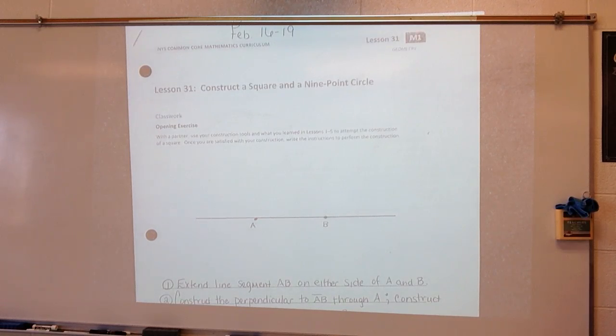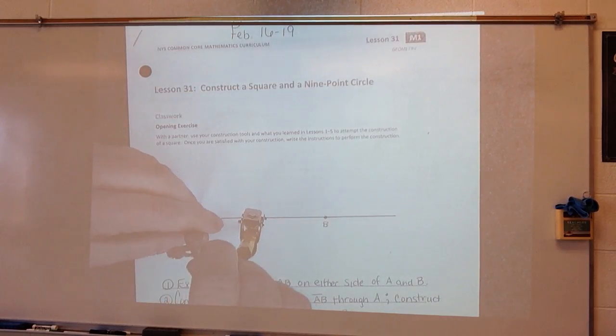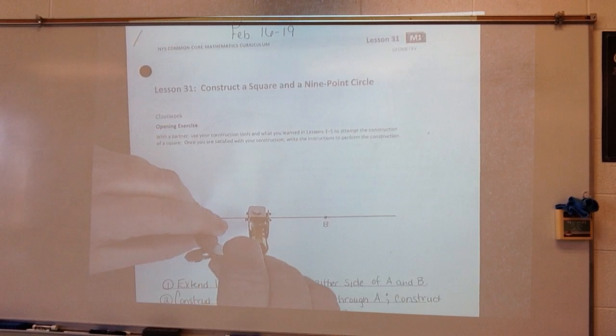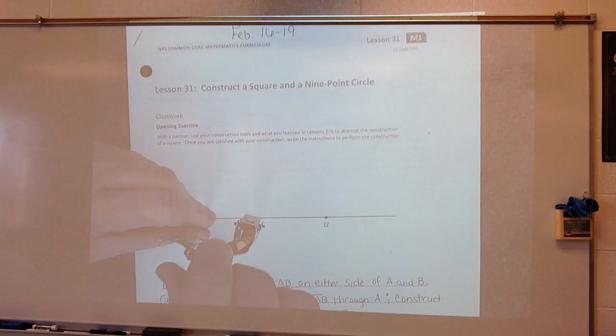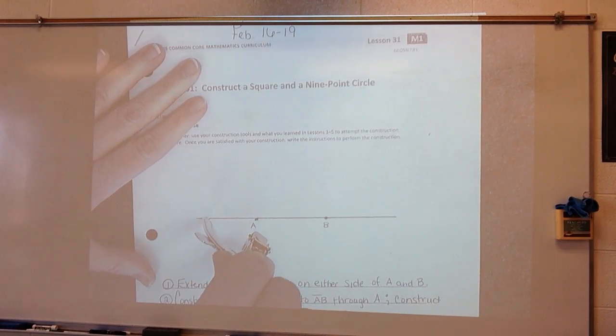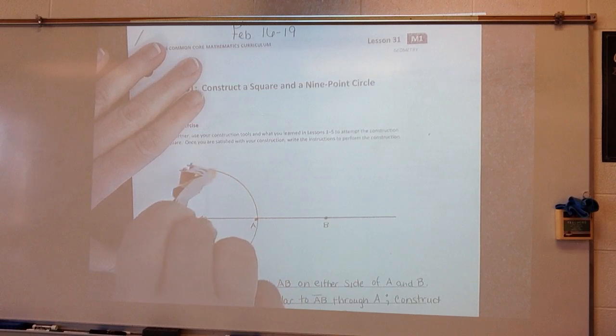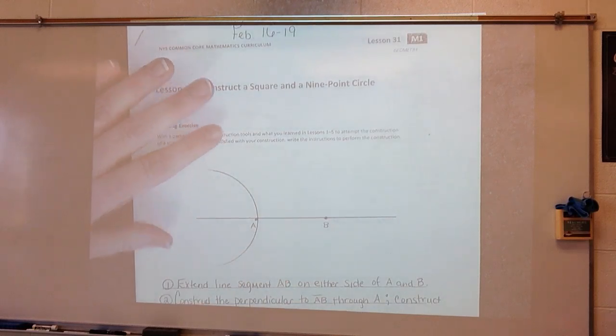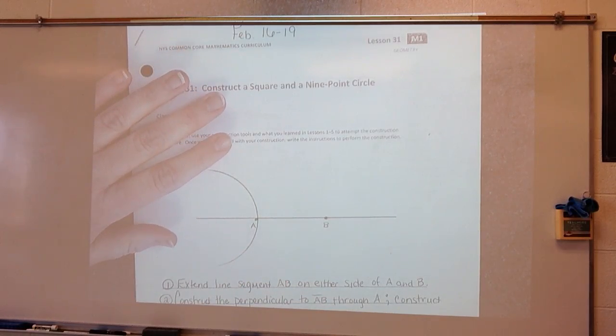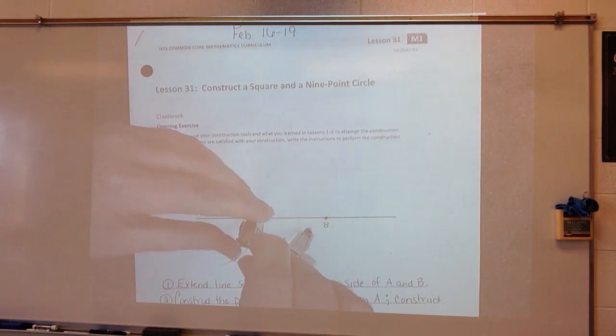Alright, so I want to construct a perpendicular line that goes through point A. Alright, so what I'm going to do is I'm going to come over here and I'm going to put my point someplace over here, and I want my arc to go through point A. So I'm going to draw an arc to go through point A. Alright, don't move your compass setting.